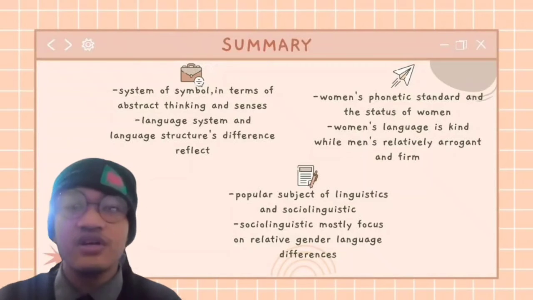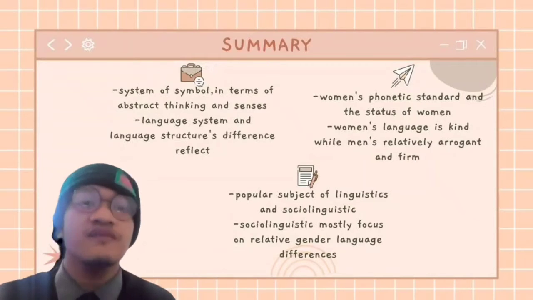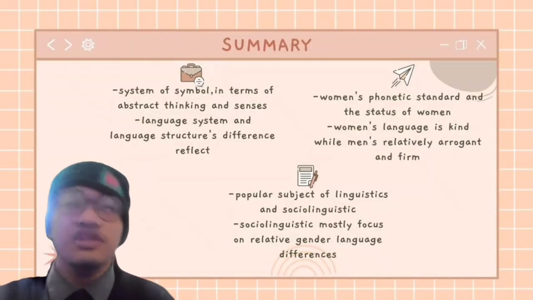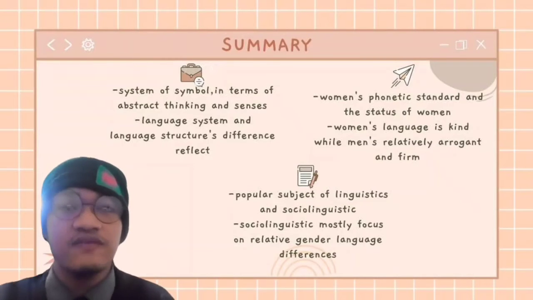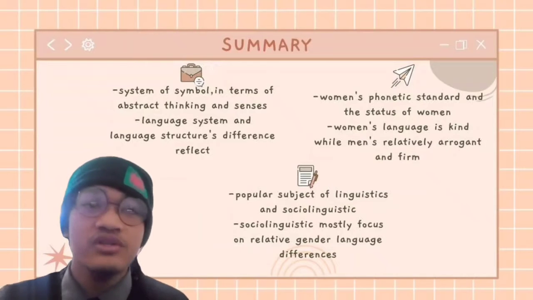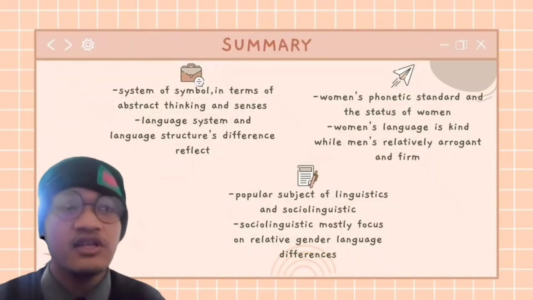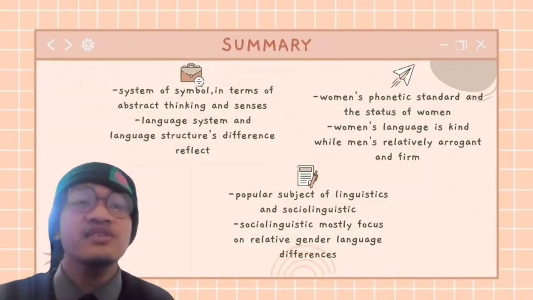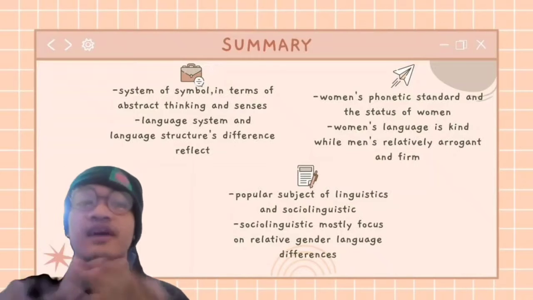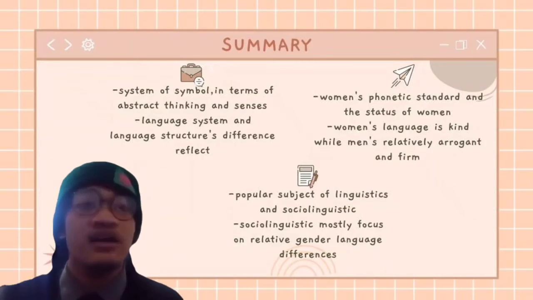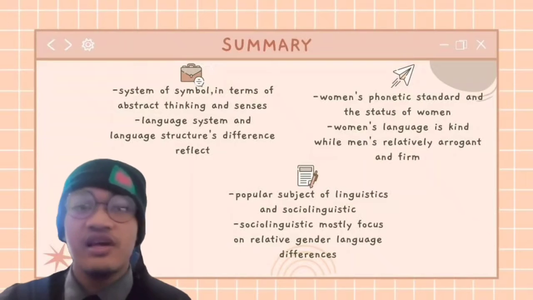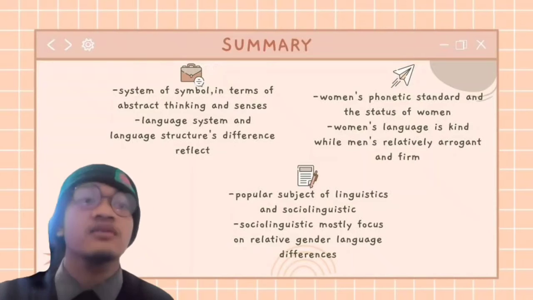Sociolinguistics mostly focuses on relative gender language differences. In general, relative gender differences mean men and women show significant differences in characteristics when using the same language or dialect. Gender differences are the fundamental fact of social life and human differences.